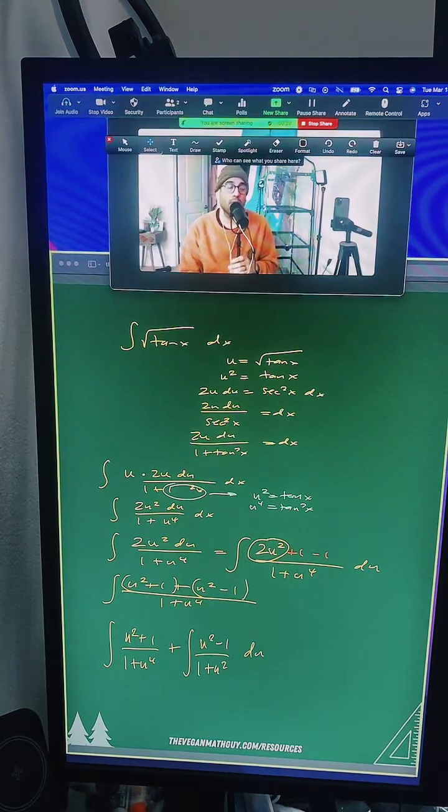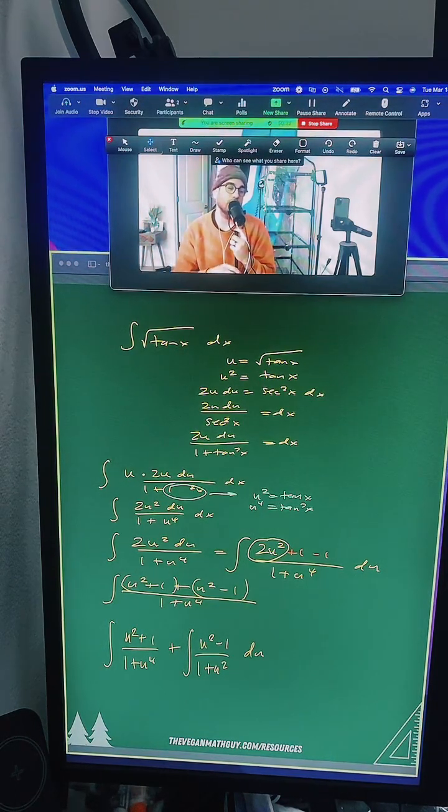Yeah, so you might have a problem with 1 plus u to the 4th. Oh, I want to say, so for this one, can you do partial fractions? Because technically, no, you can't factor this out. Okay. For this one, let's see. Any other suggestions on how we can simplify this, or how we can integrate this 1 plus u to the 4th?